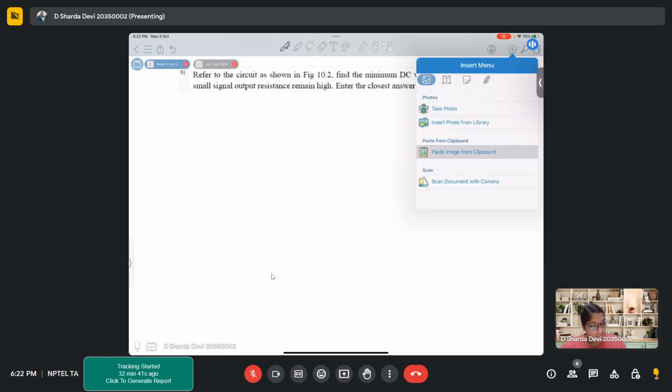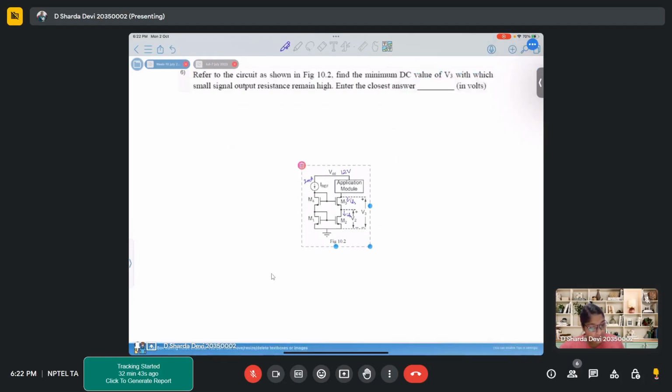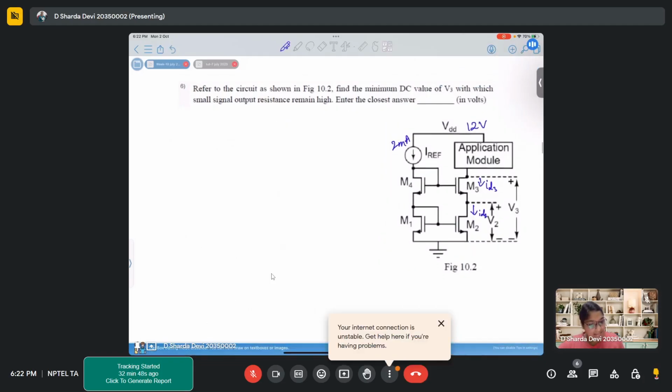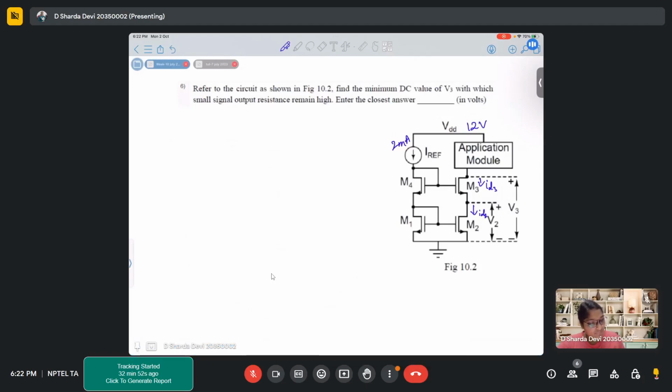Now moving on to the next problem. So in this problem, it is referred to again the same circuit. Find the minimum DC value of V3 with which small signal resistance remains high. Okay, what should be the minimum value of V3?